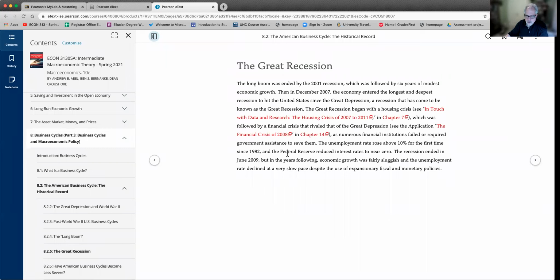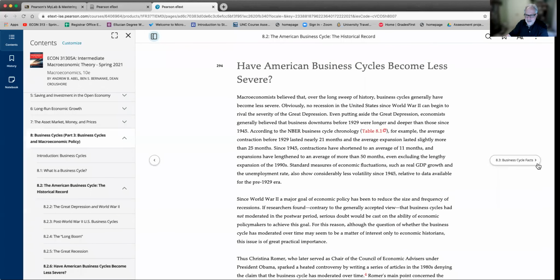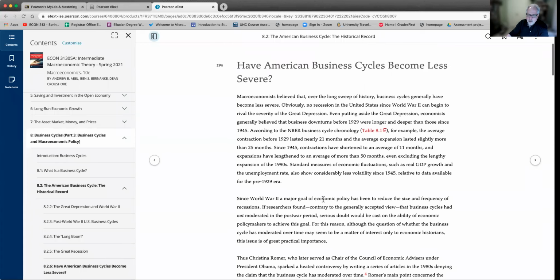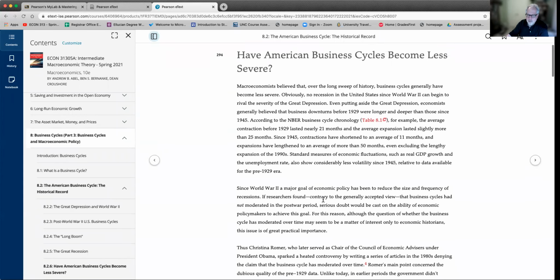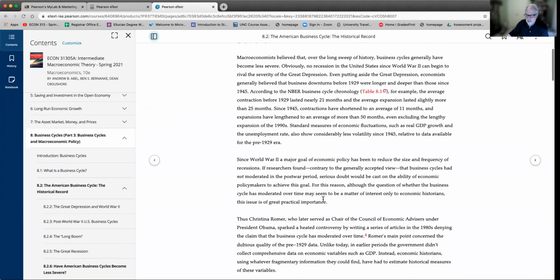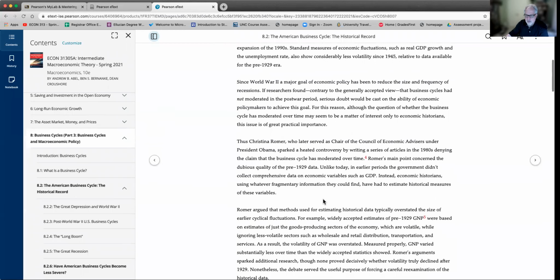Then we get to the Great Recession in 2007, 2008, and then the expansion since then. And then this question: have U.S. business cycles become less severe in the U.S. economy or not? Economists have done work on that.